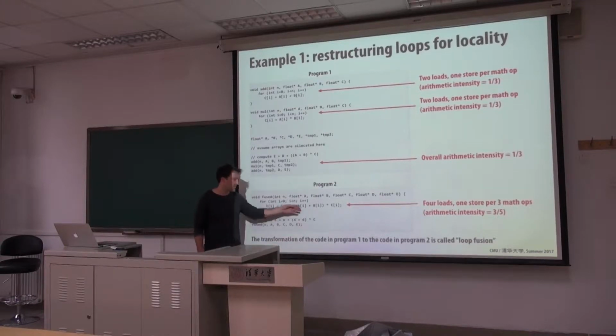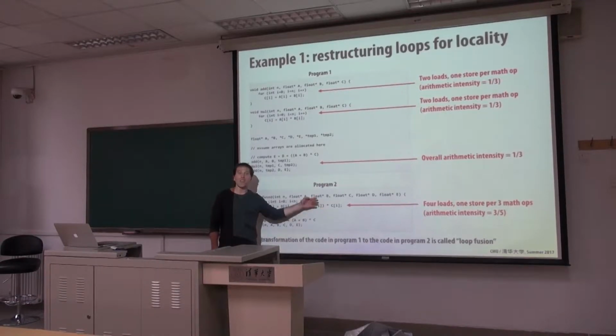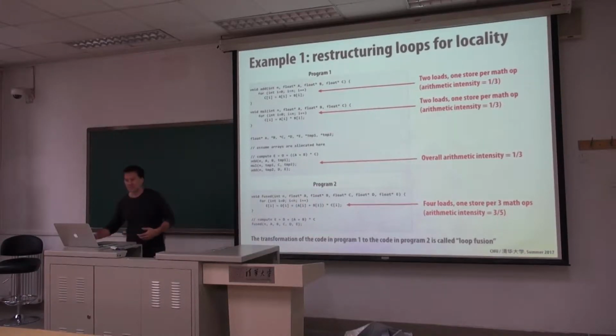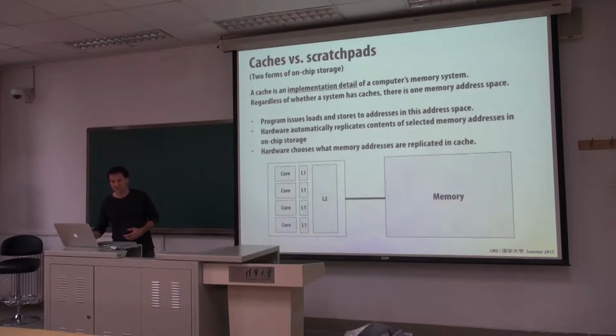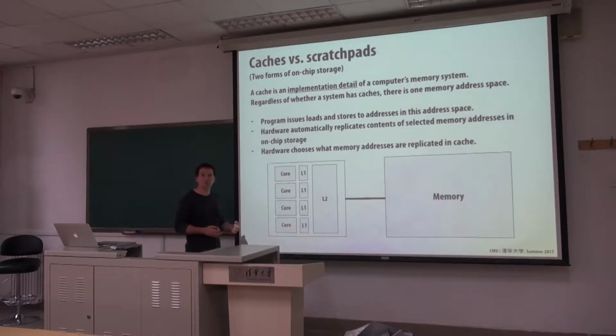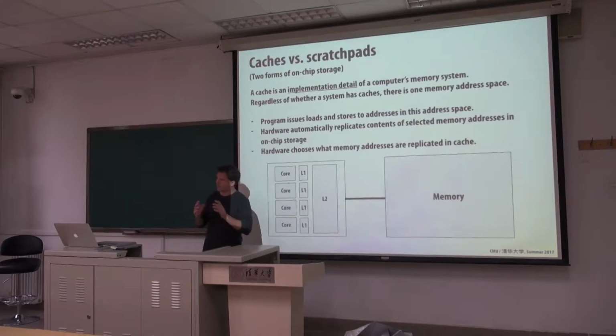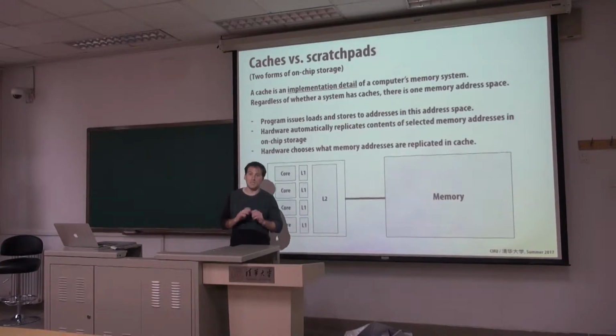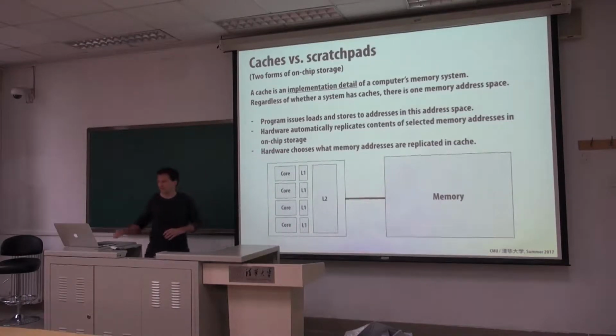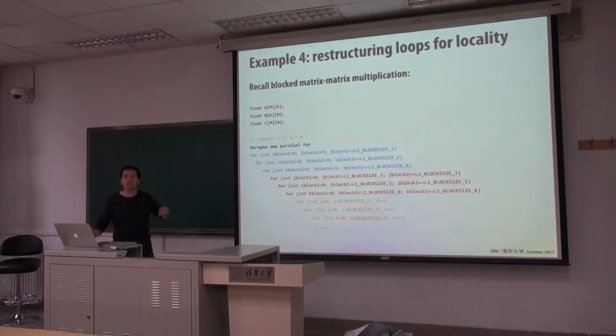This program just reads and writes from these addresses, and they happen to be in cache. So a cache is just an implementation detail. It's something that a computer architect has built to make your data accesses go faster. The computer architect says, if you access the same data twice, the second time I will make it much faster. And since you know a computer has that property, you can change your code so that many of the accesses will be in cache.